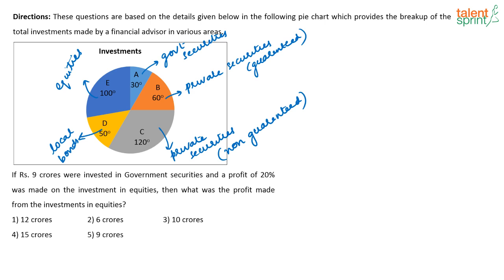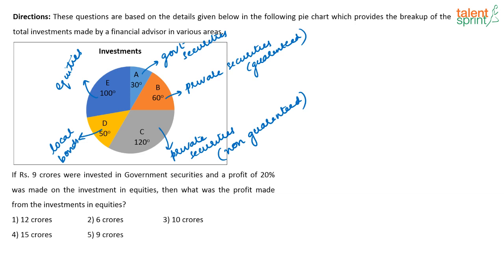What is given here: if 9 crores were invested in government securities and a profit of 20% was made on the investment in equities, then what was the profit made from the investment in equities? So how will you solve a question on a pie chart? Always remember the full investment is represented as 360 degrees.